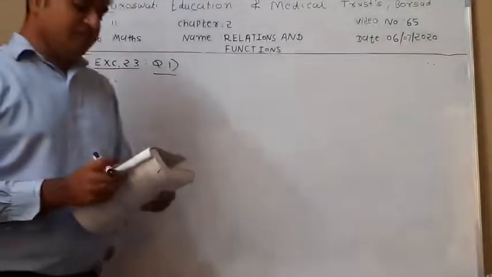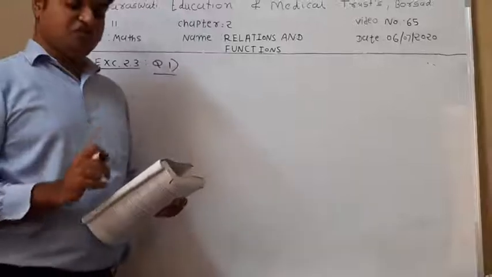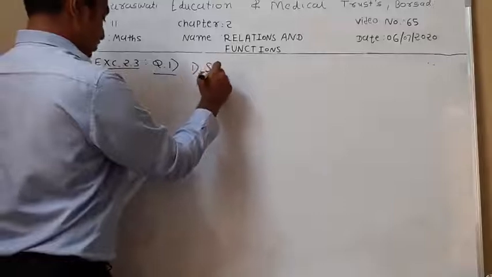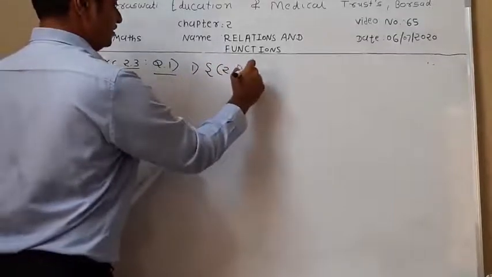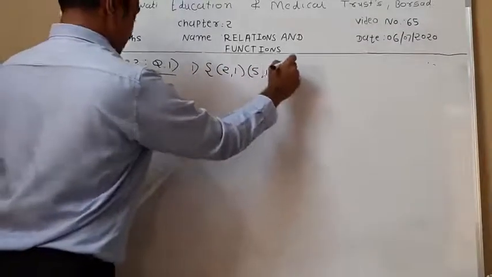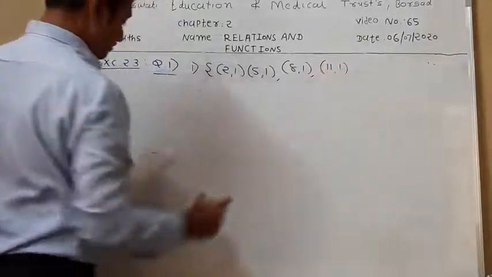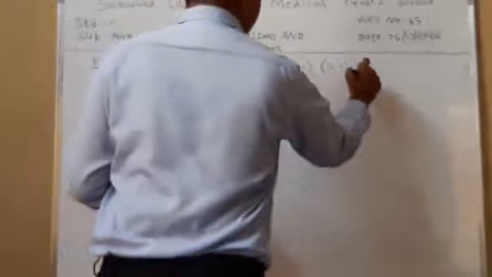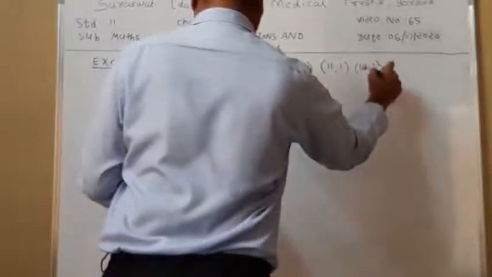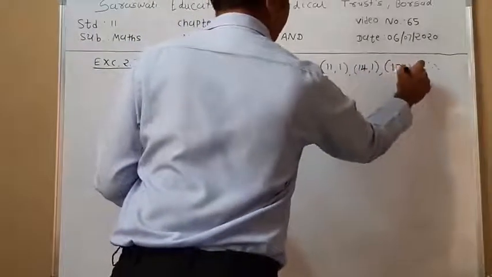Our question is: write whether the following relations are functions, give reason. If it is a function, determine its domain and range. So the first question: set of (2,1), (5,1), (8,1), (11,1), (14,1) and (17,1).